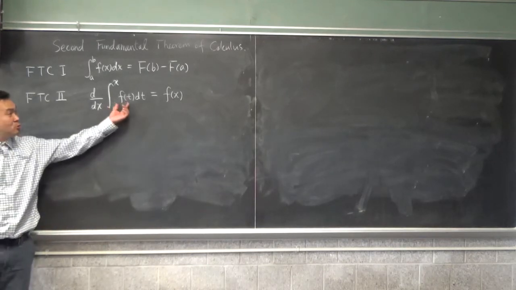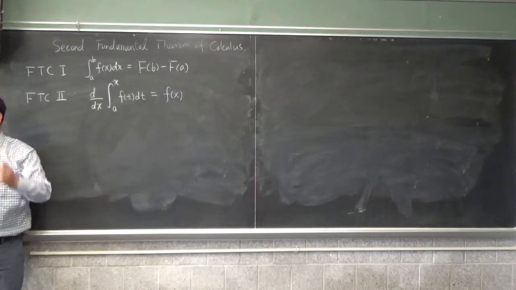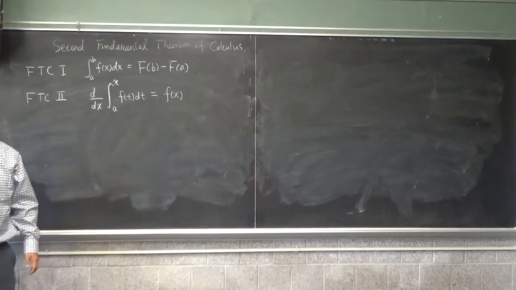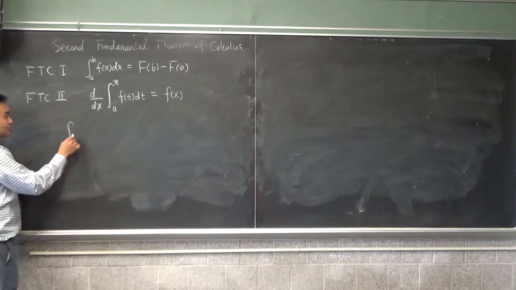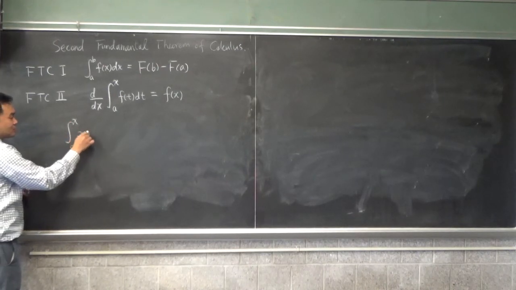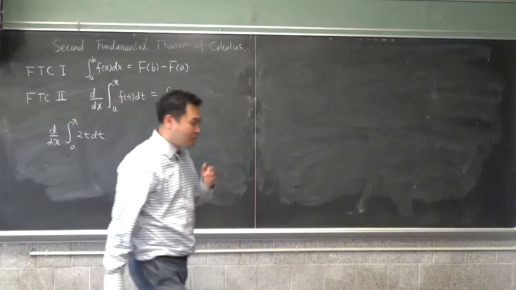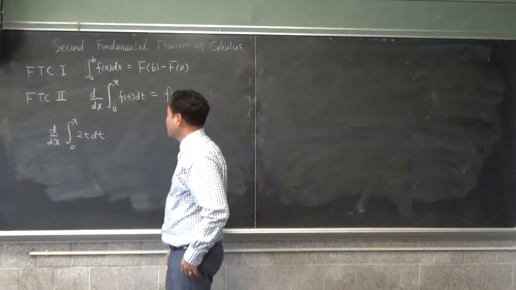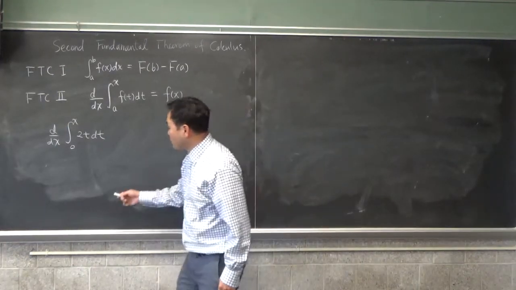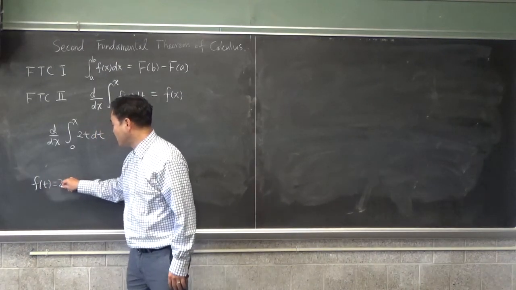So let's choose an f of t. Give me an f of t that's simple to integrate. I'll choose one. How about 2t? So before we do that, we're choosing f of t as 2t, right?